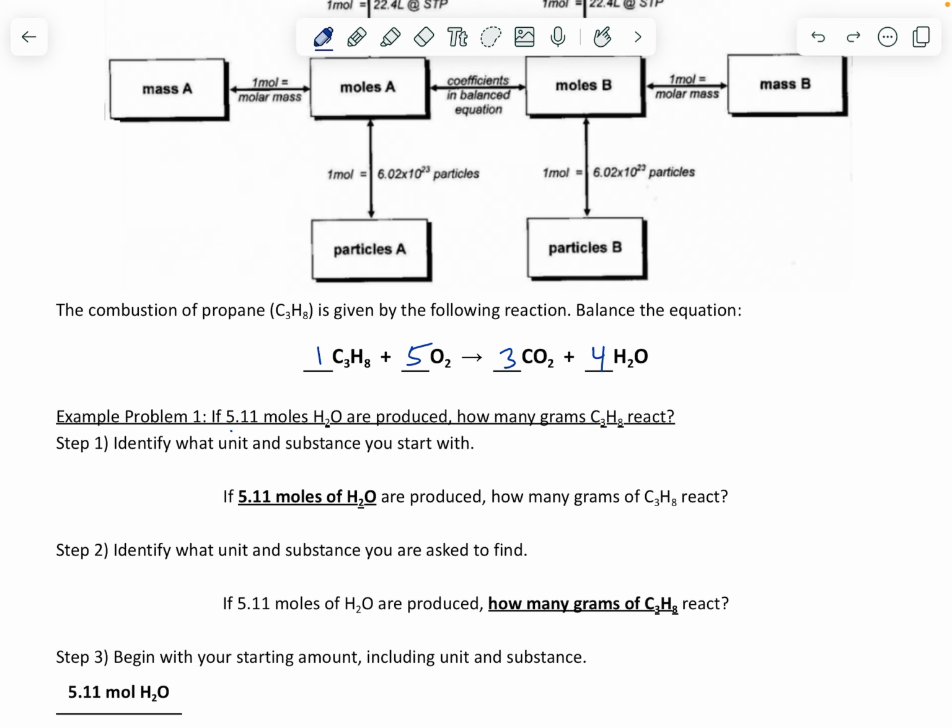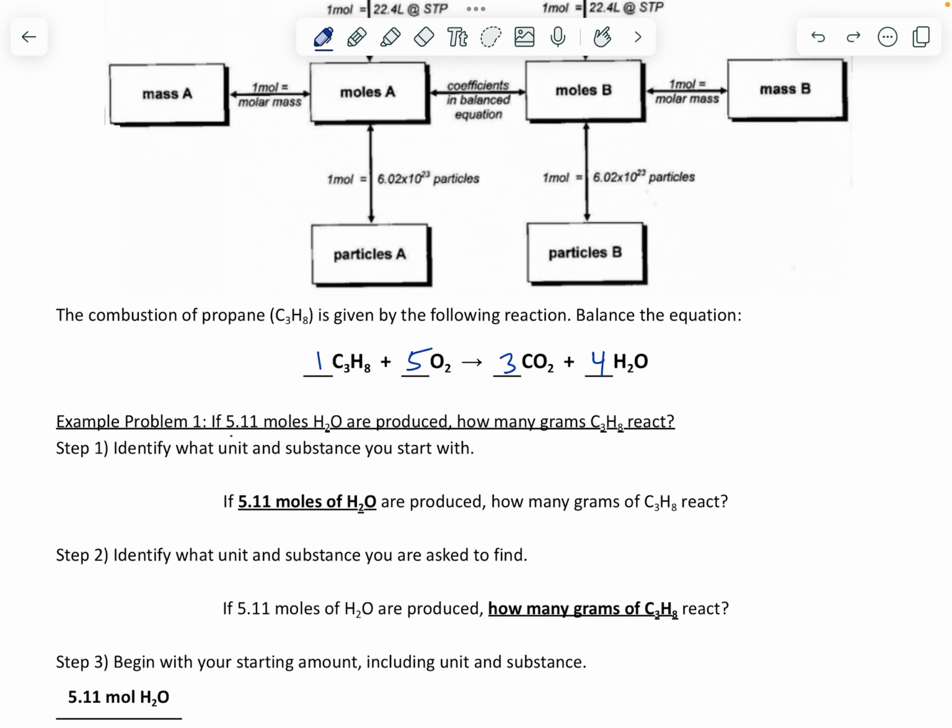I identify that this is substance A because that's what I'm starting with a value for. This must be substance B, that's what I want. Then I identify what the unit is from start to finish. I'm starting at moles of A, so that's where I'm going to begin.